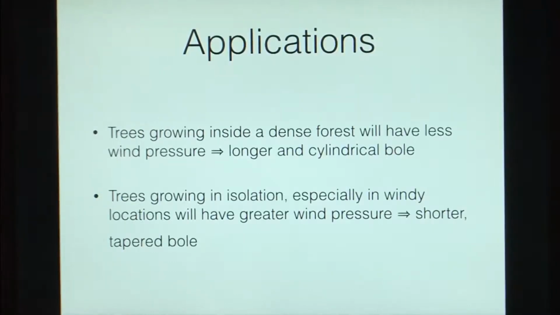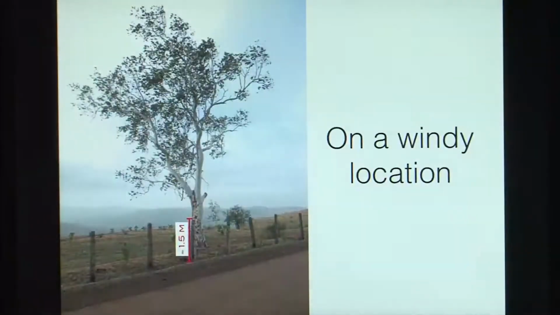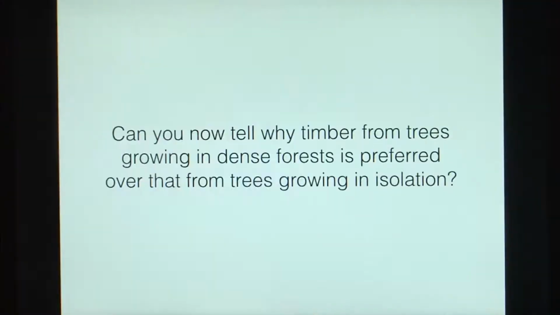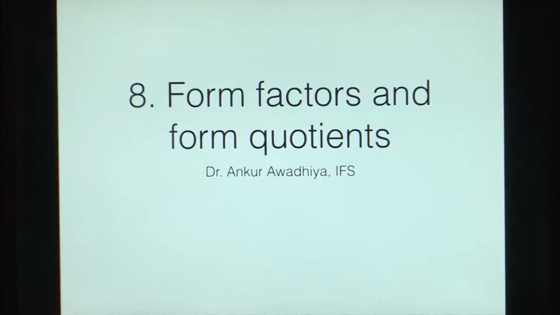And we used Metzger theory to explain why these trees are having a less amount of taper, whereas this tree is having a greater amount of taper. This is also used in forest management, because trees that are growing in dense forest have very little taper, they are more cylindrical, and so more volume of material from that tree can be utilized, and so they are preferred over trees that are growing in isolation.